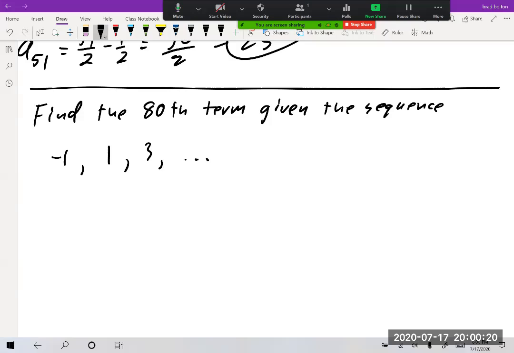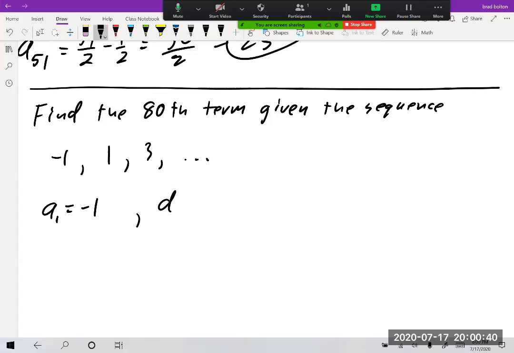So this type of problem, they just give you the list of numbers. They don't actually tell you the information ahead of time, and you have to figure everything out. So this is a really good test question. This is something that I'll probably ask you because it relies on you to do a lot for this problem. So first thing we notice is that a sub 1 is equal to -1.